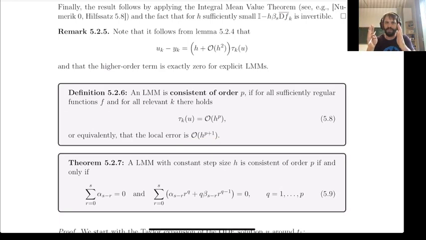If you start with a method that has a local error of order h to the p plus 1, then you'll have a global error of order h to the p. And the truncation error is designed by dividing by h in such a way that it already has the correct order, even in the local setting.